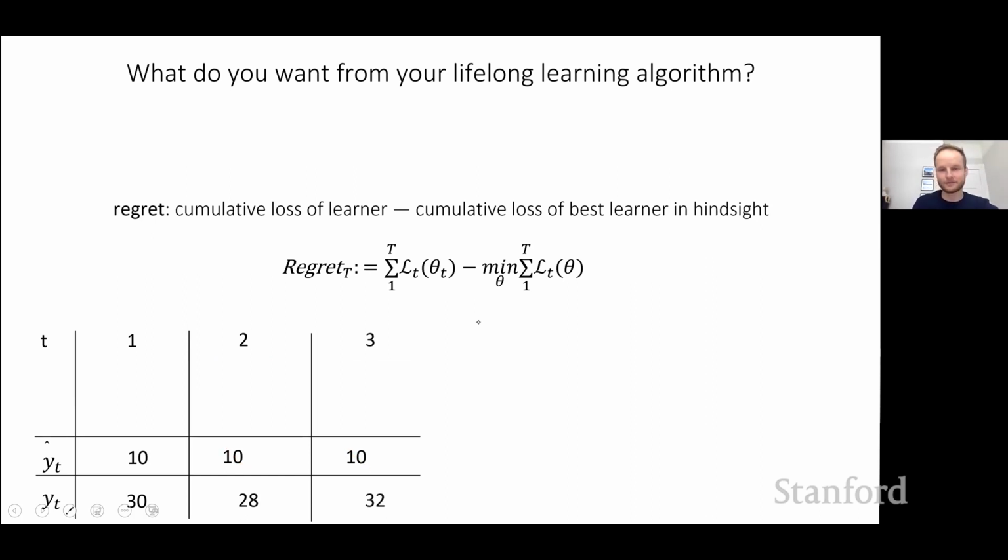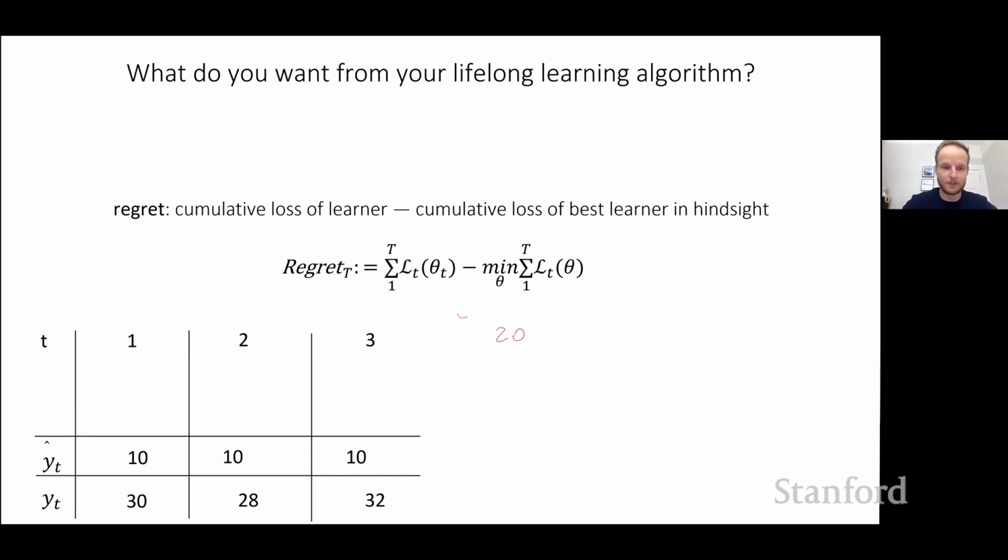All right, so in that case, we can calculate the regret. So let's compute the first term. The first term in the case of capital T equal 1 would be just equal 20, right?